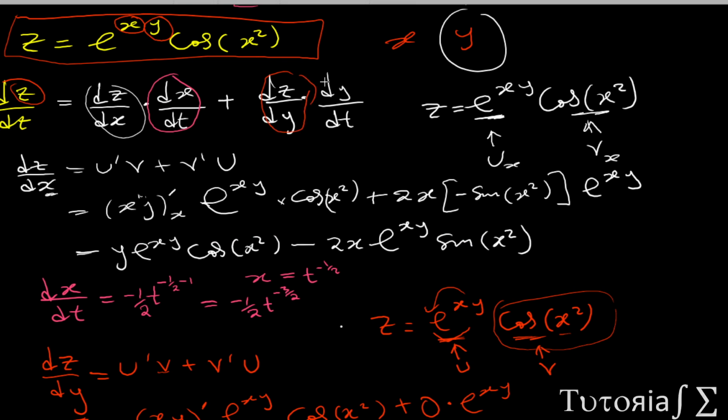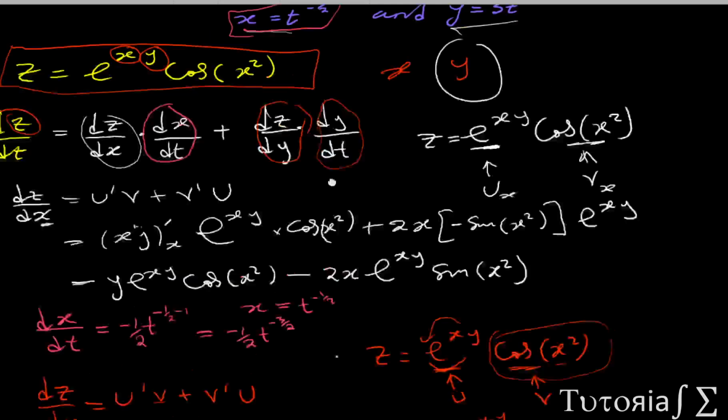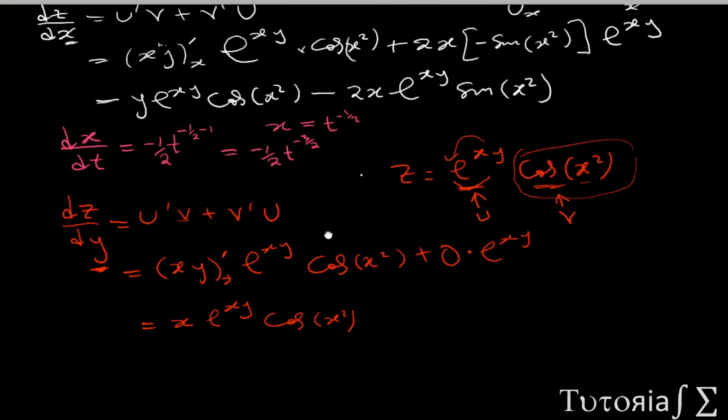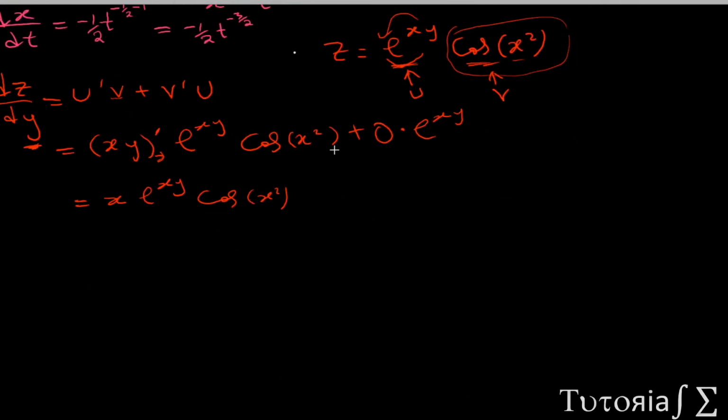Now let's calculate y with respect to t. We've been given y is equal to st. So how are we going to calculate y with respect to t? We know that y, let me use yellow here, y is equal to st. So now we need to find dy dt.